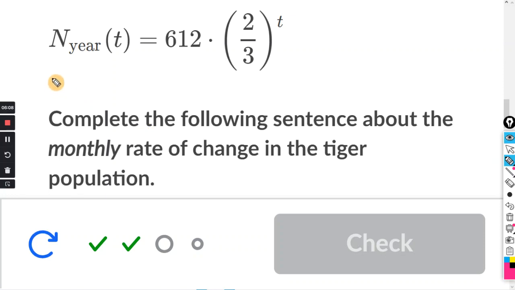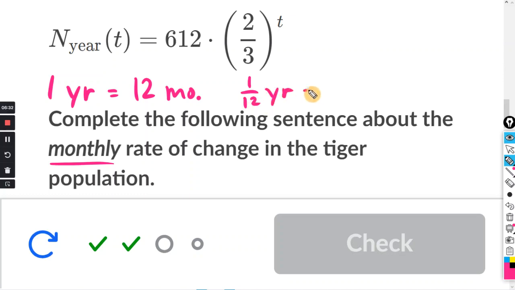Of course, we know that 1 year equals 12 months. And we want to know for the monthly rate of change is 1 month. So just divide both sides by 12, and we'll have 1 over 12 years, and that's going to equal 1 month.